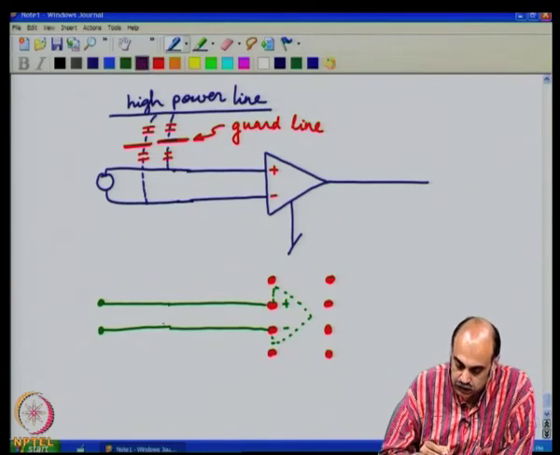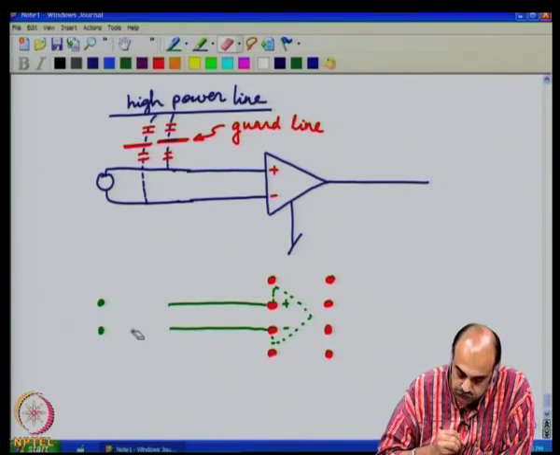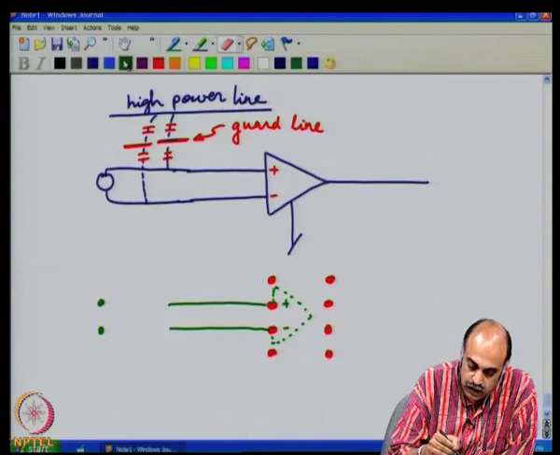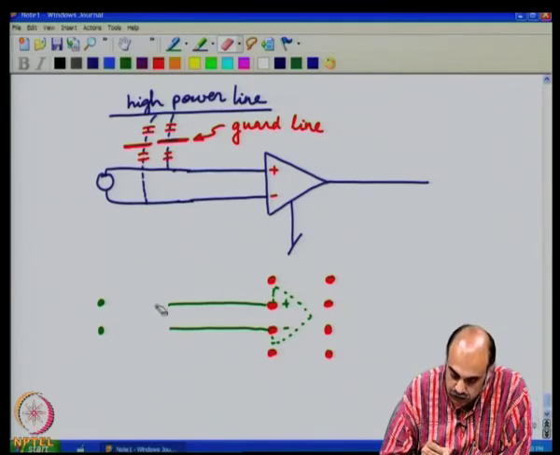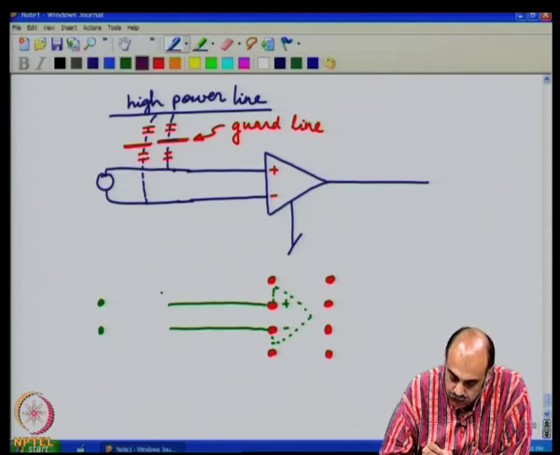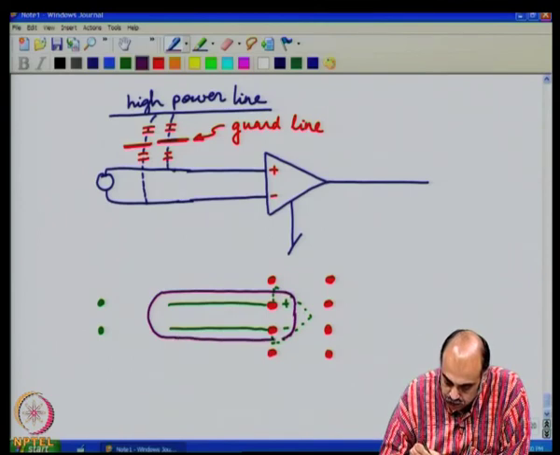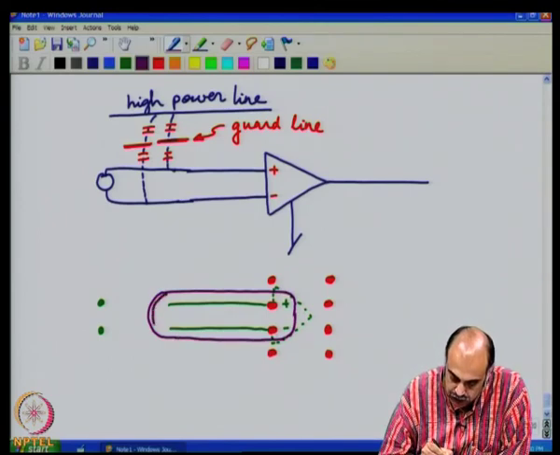So, what we shall do? We shall now erase a part of this, then give the guard in this fashion. Let us say you guard these two lines by putting a track like this all round it.